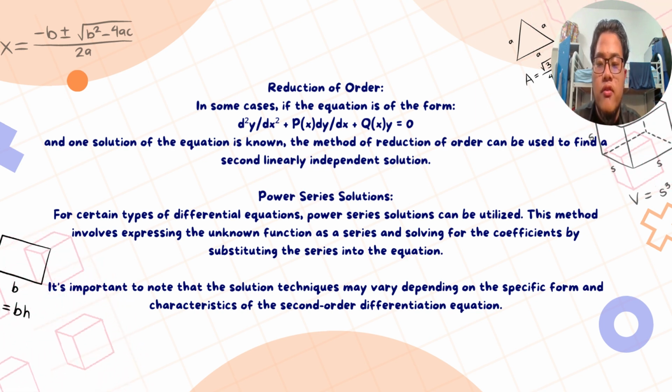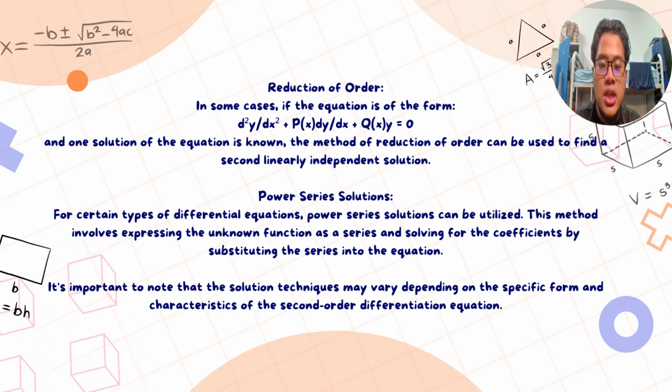This method involves expressing the unknown function as a series and solving for the coefficients by substituting the series into the equation. It's important to note that the solution technique may vary depending on the specific form and characteristics of the second order differential equation.